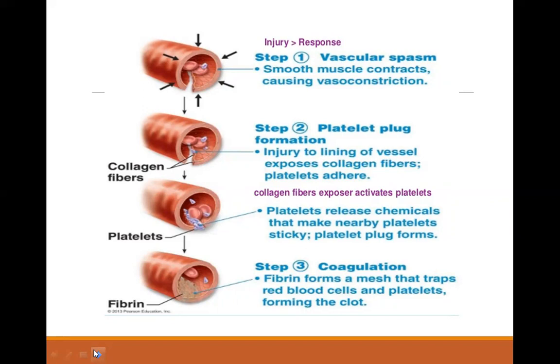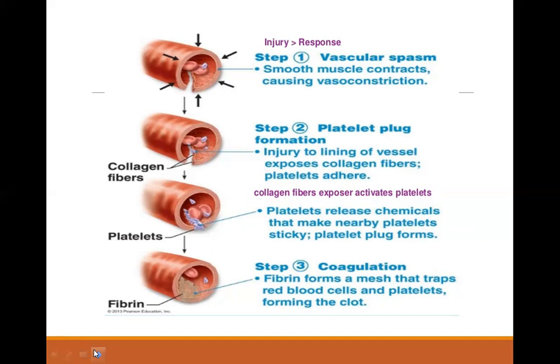Then in step 2, you can see platelet plug formation. Injury to the lining of the vessel exposes collagen fibers, so platelets will adhere to the injured area. Then in the third picture, you can see platelets release chemicals that make nearby platelets sticky. So the platelet plug will be formed gradually.